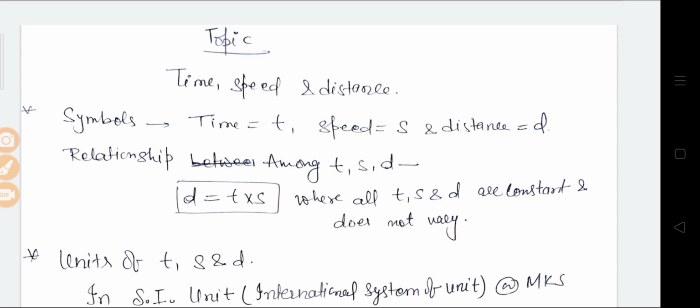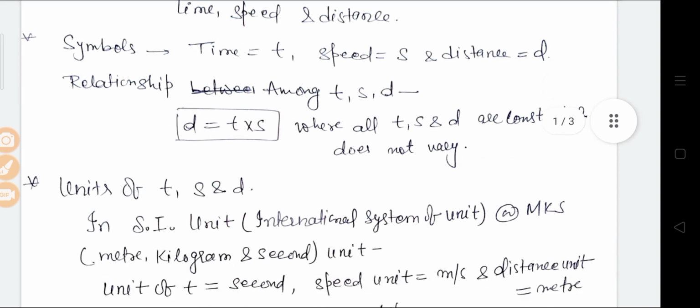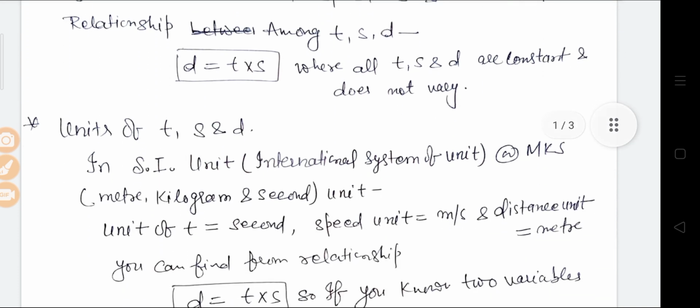Now what is the unit of time, speed and distance? There are standard units. The SI unit, International System of Units, is MKS: meter, kilogram and second.